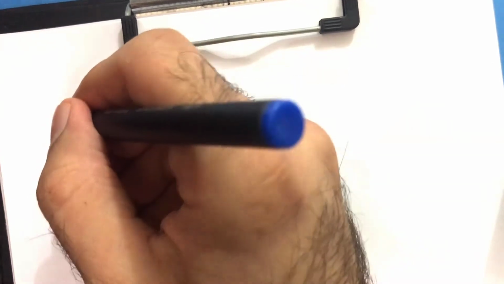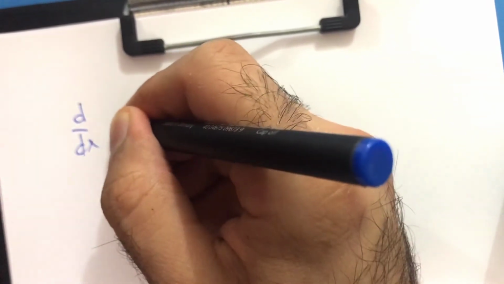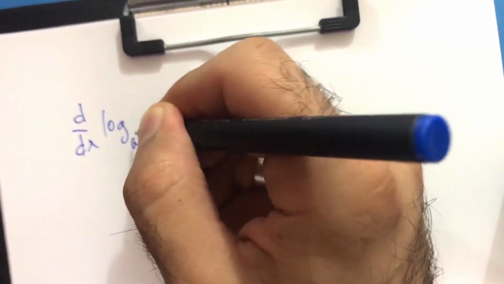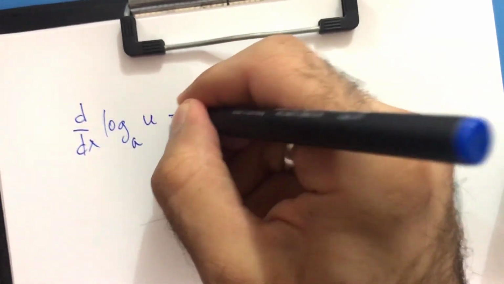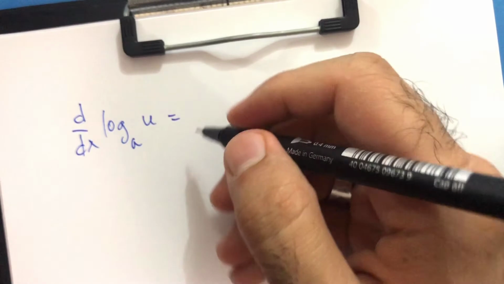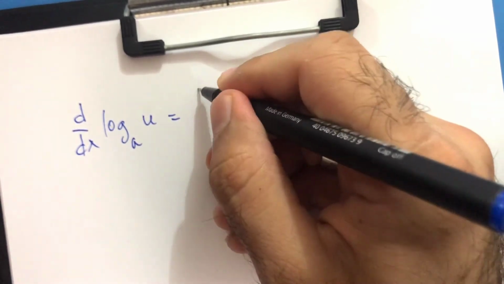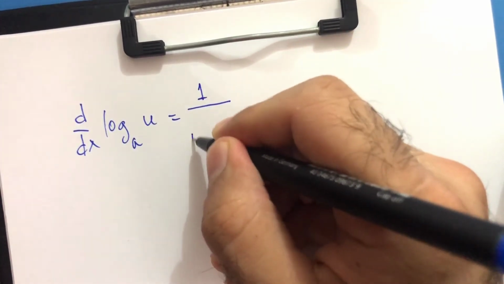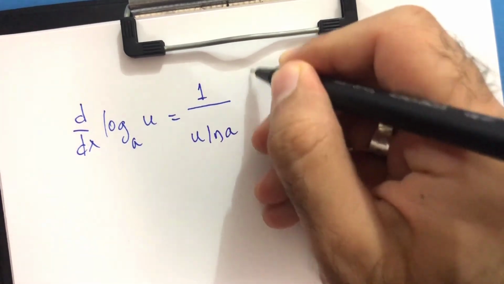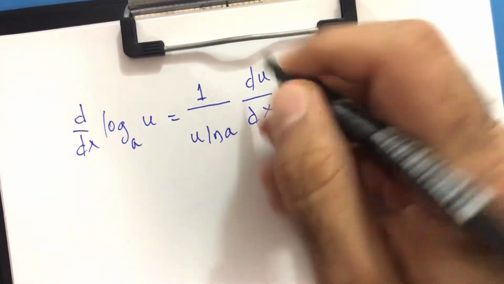For example, d by dx for log a u will be 1 over u ln a multiplied by du by dx.